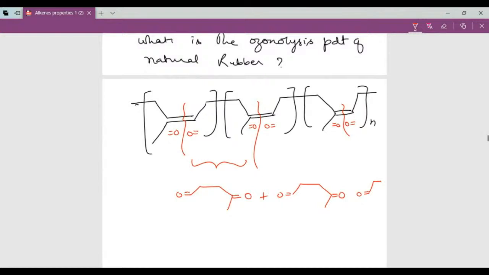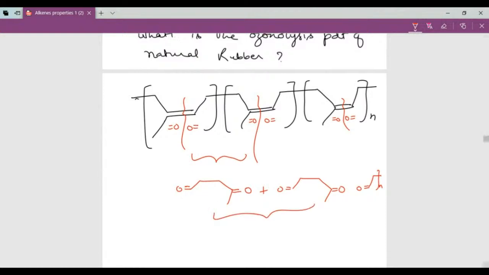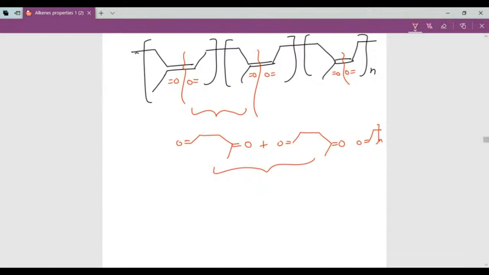This is still incomplete, so I'll write it this way, but you can see these two units repeat. Let me name them 1, 2, 3, 4, 5. What we have obtained by ozonolysis of this compound is 4-oxopentanal.